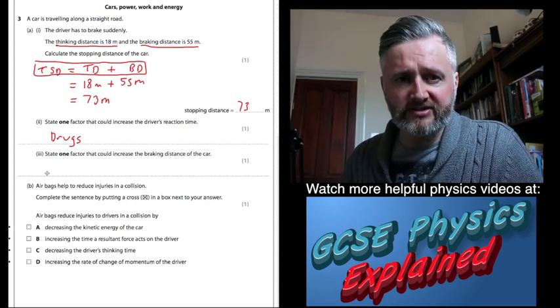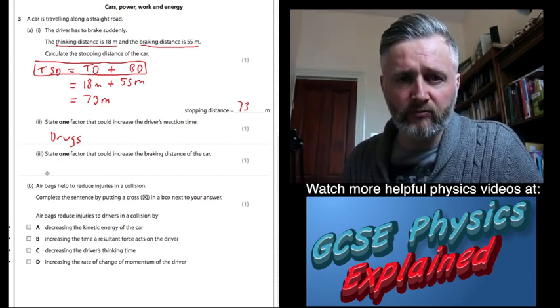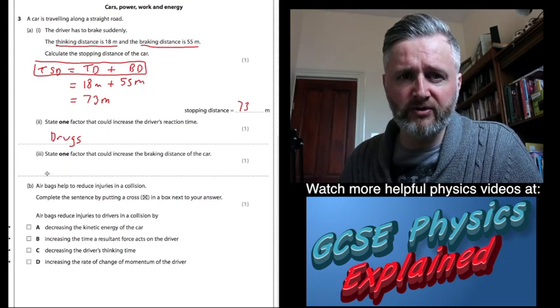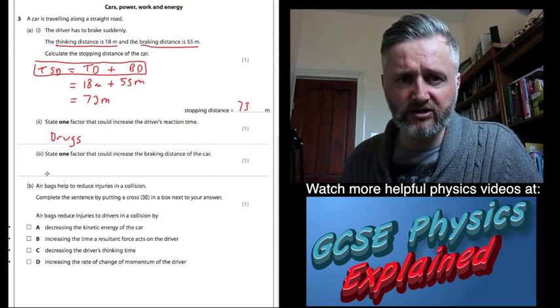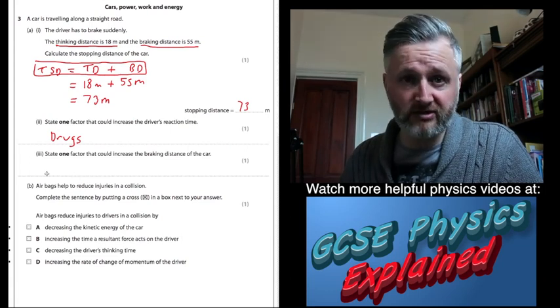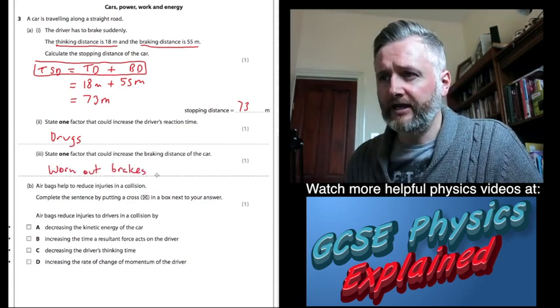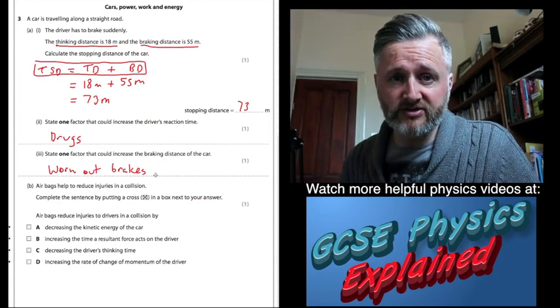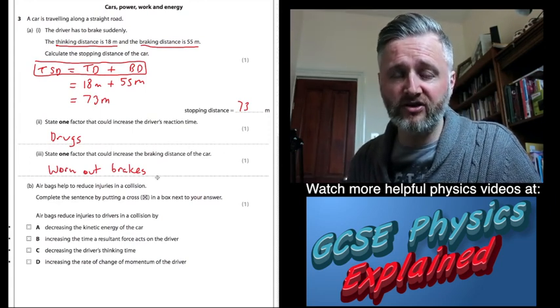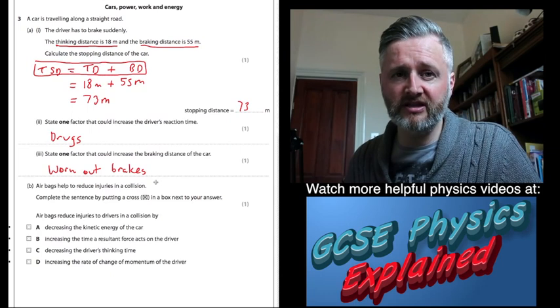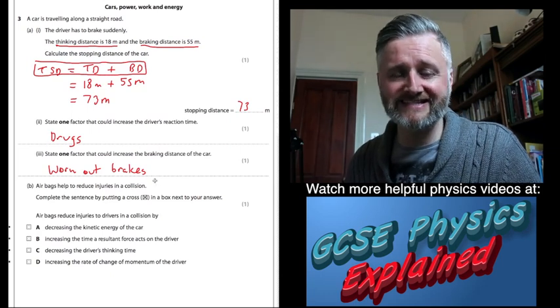Now, that's things like worn out tyres, worn out brakes. The braking distance of the car is all to do with the car. The thinking distance is all to do with you, but the braking distance is all to do with the car. You could say bad weather, such as if there's water or ice on the road, that'll increase the braking distance as well because your car will skid.